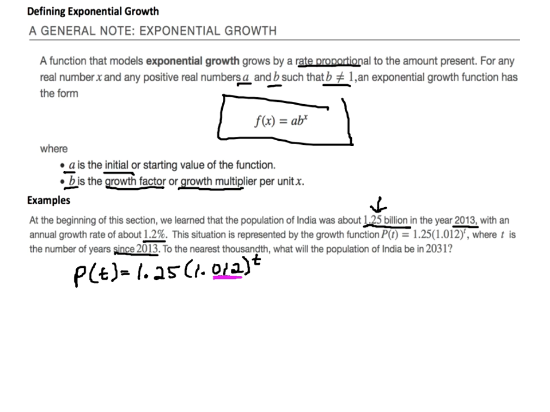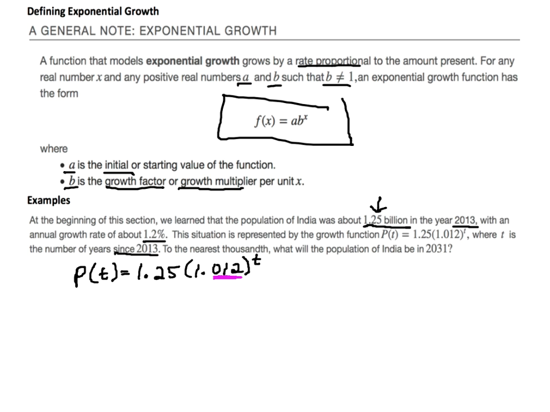We have the extra 1 because we have to account for that first 1.25 billion that we start with. So this is basically 100% of that 1.25 billion, and then I'm adding on that 1.2% that I gain every year.